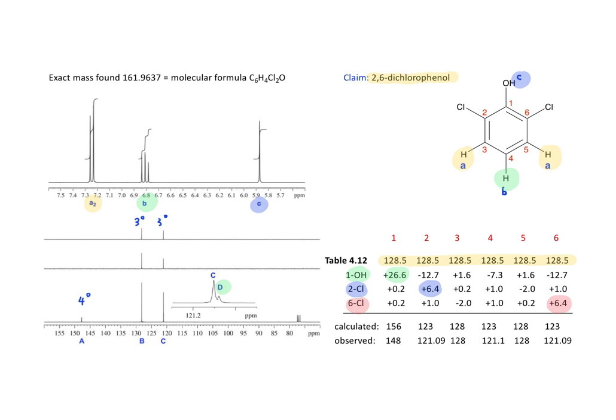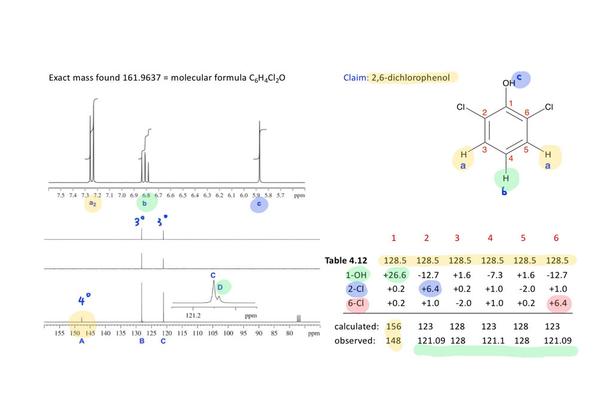If we compare the calculated and observed values for this tri-substituted aromatic, at carbon 1, there is some deviation between the calculated and observed chemical shifts, but it's still fairly close for the chemical shift observed for carbon A. These values are quite a bit closer for the remaining resonances between calculated and observed.